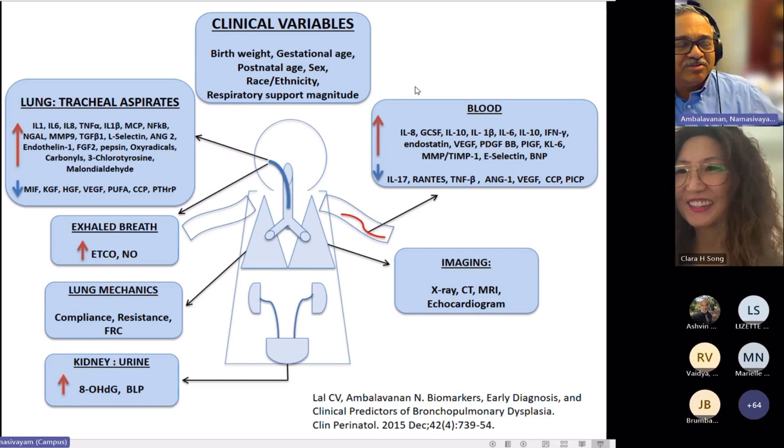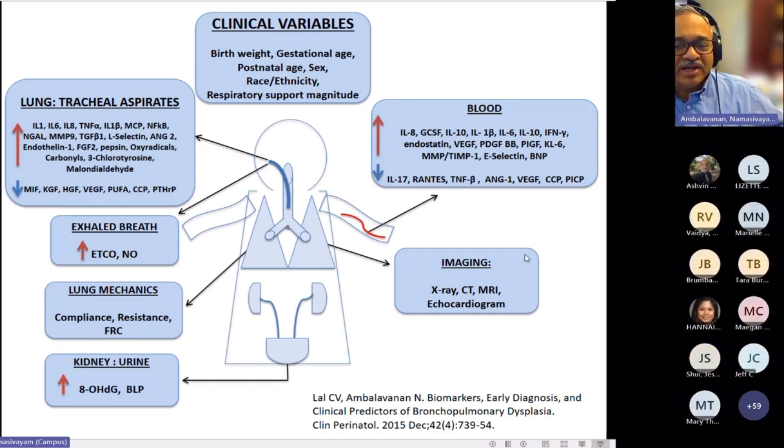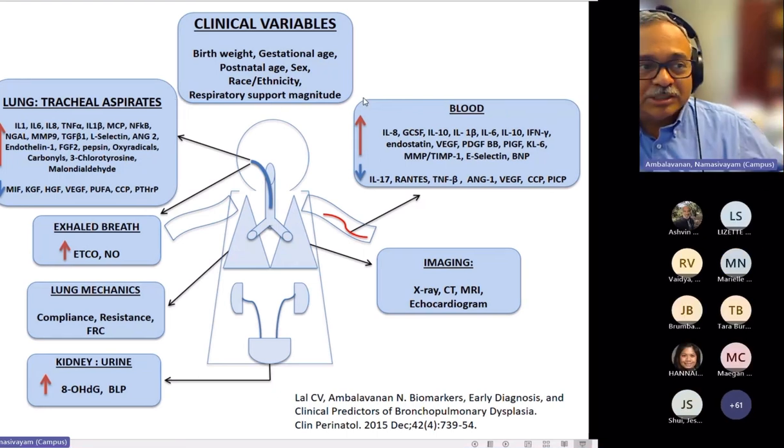These are some of the biomarkers that we usually look at, but obviously, the clinical variables are the ones which are most predictive. Just the birth weight, gestational age, and respiratory support alone will explain about 85% of your risk for BPD. There are also various pro-inflammatory cytokines and other biomarkers we can measure in the lung and blood.